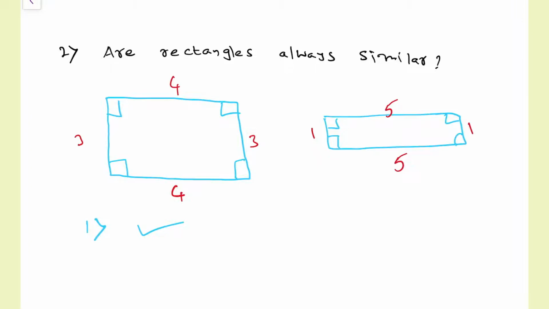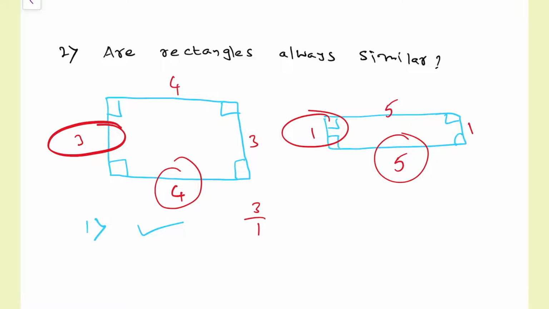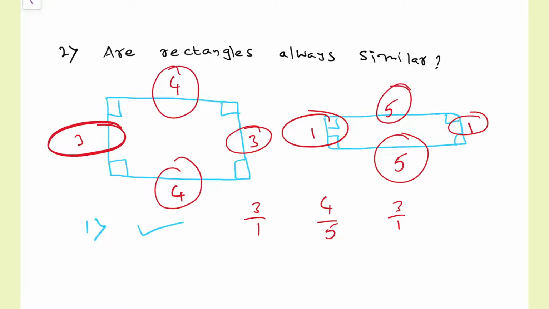Coming to the second condition. What is the second condition? Corresponding sides ratio should be equal. Left side by left side, 3 by 1, should be equal to base by base, should be equal to right side by right side, should be equal to top by top.